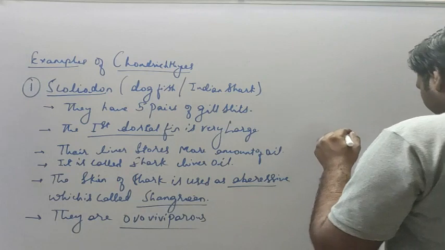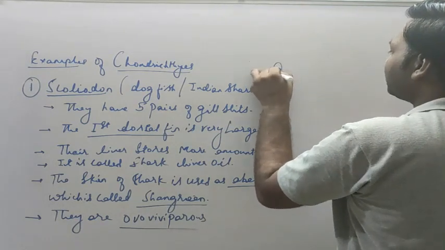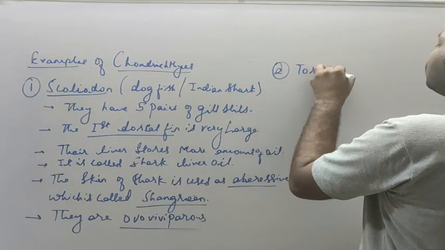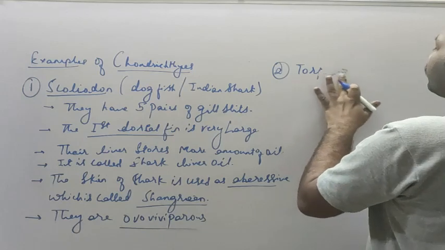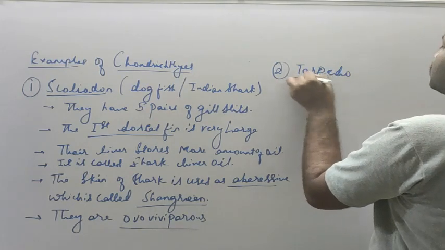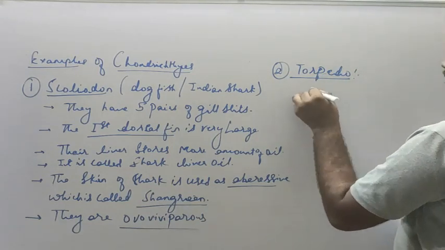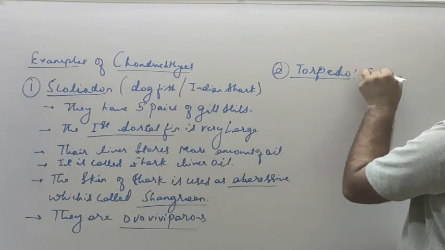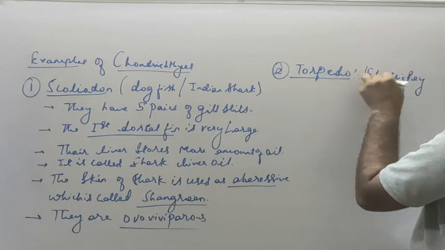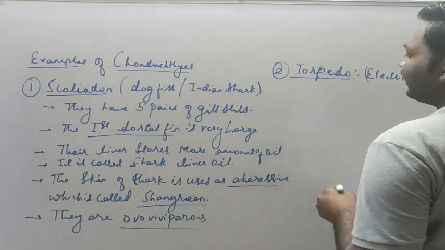The next example that we are going to discuss is the torpedo. Example number 2, torpedo. Here they are also referred to as the electric ray, as they have electric organs.